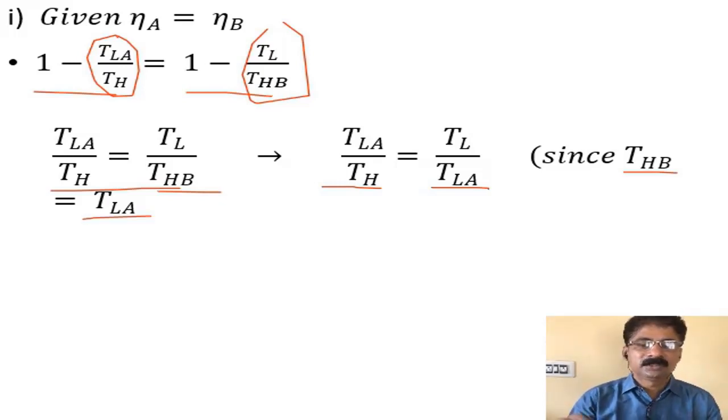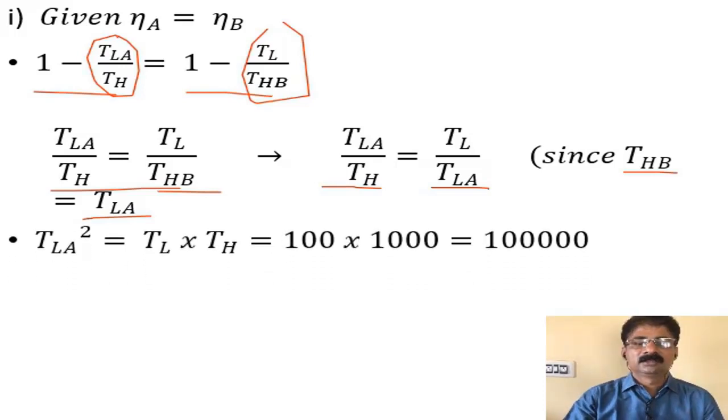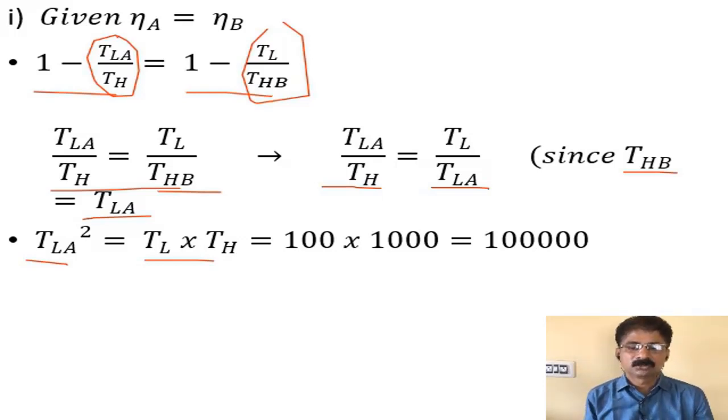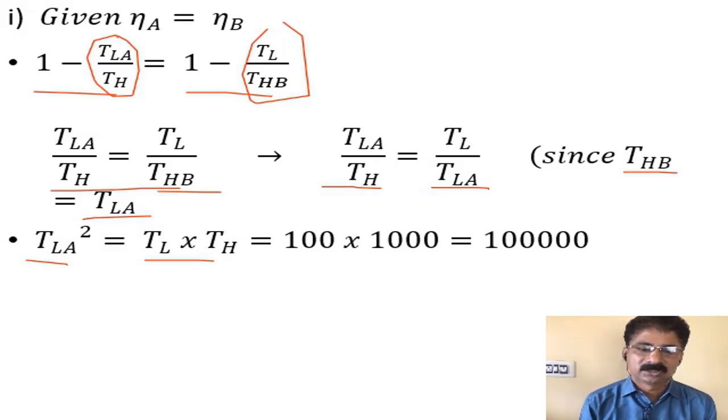So THB is equal to TLA. So you can cross multiply this, TLA into TLA is equal to TLA square, which is nothing but TL into TH. Sometimes in the exam they will ask you to prove that this intermediate temperature is the geometric mean of the source and sink temperature.